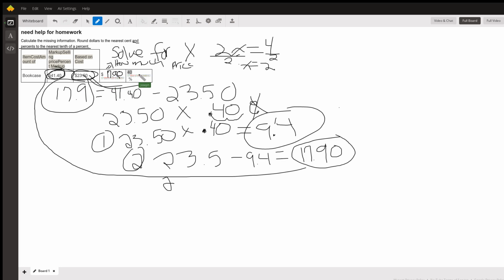We already have the percentage that it went up. This percentage is based on the starting cost. What is 40% of 2350? 9.4.